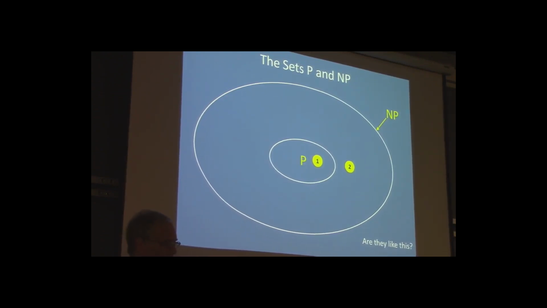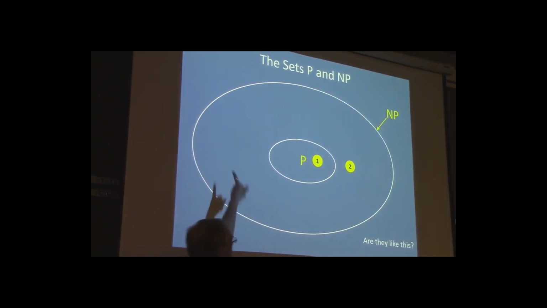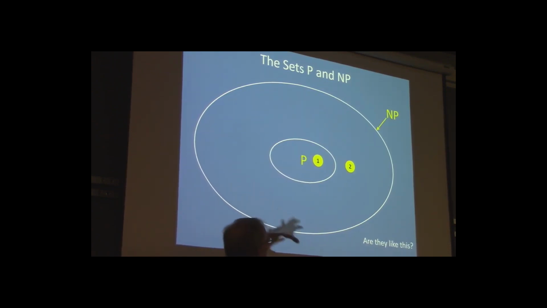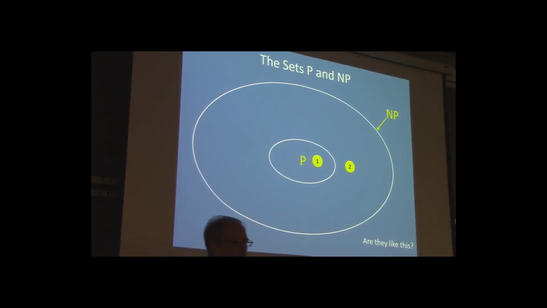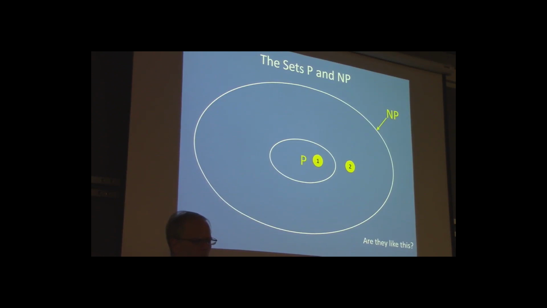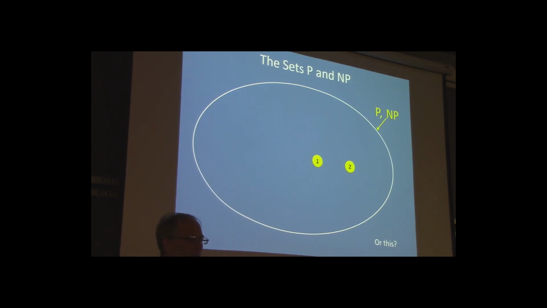That's one possibility. There are some problems that can be verified in polynomial time that cannot be solved in polynomial time. Another possibility is P and NP are the same. That any problem that can be verified in polynomial time can be solved in polynomial time. And it is not known which is the case. Does P equal NP or does it not?